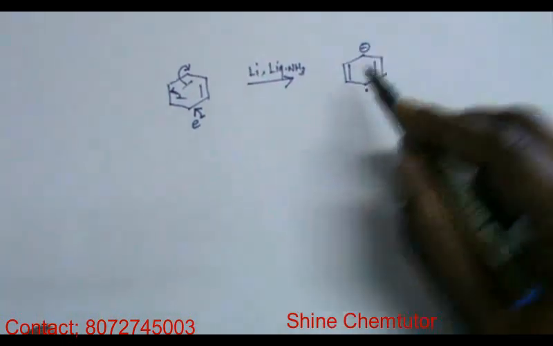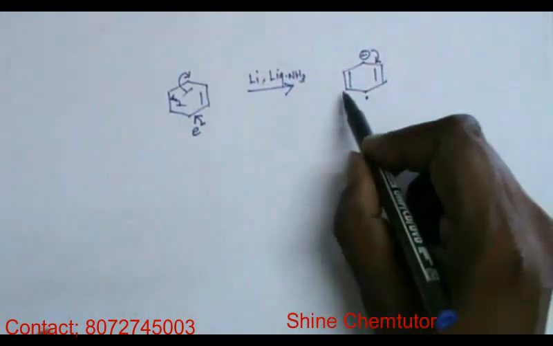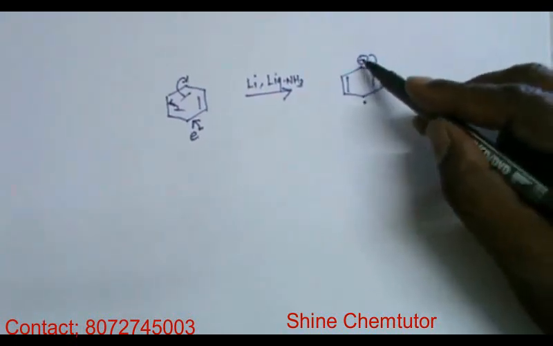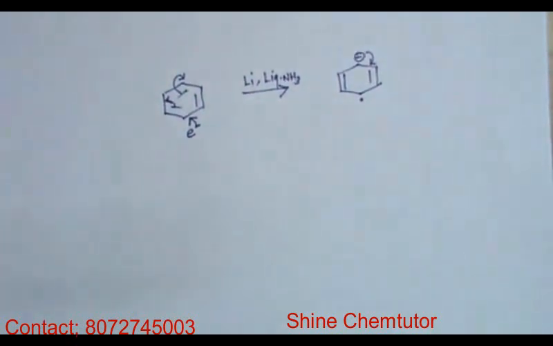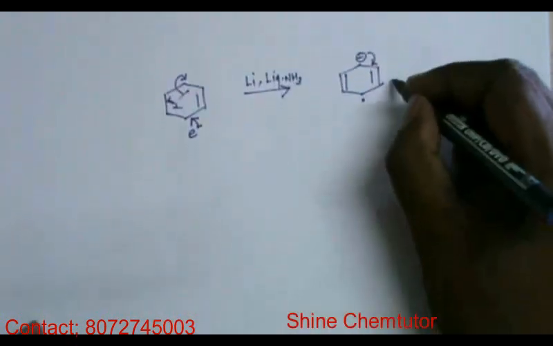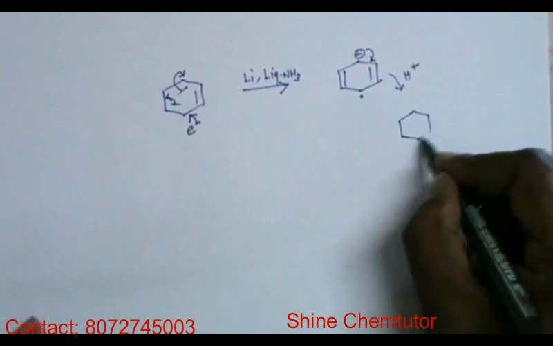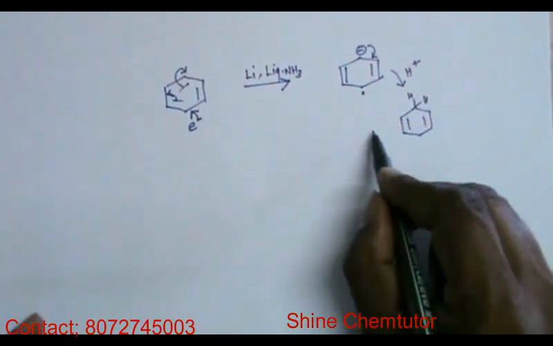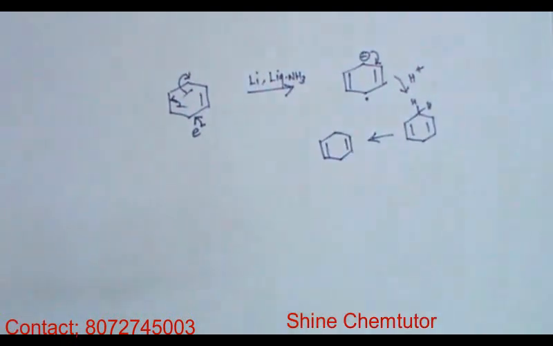The minus charge can be placed on this carbon also. Since it can be in resonance, you can place on this as well as here. But when you place the minus charge on fourth carbon, the minus charge and the electron are kept at the maximum distance. That's why it goes to that carbon. Now it can take H plus, we get hydrogen. Once again one more electron will be delivered, that also will take hydrogen to give this.